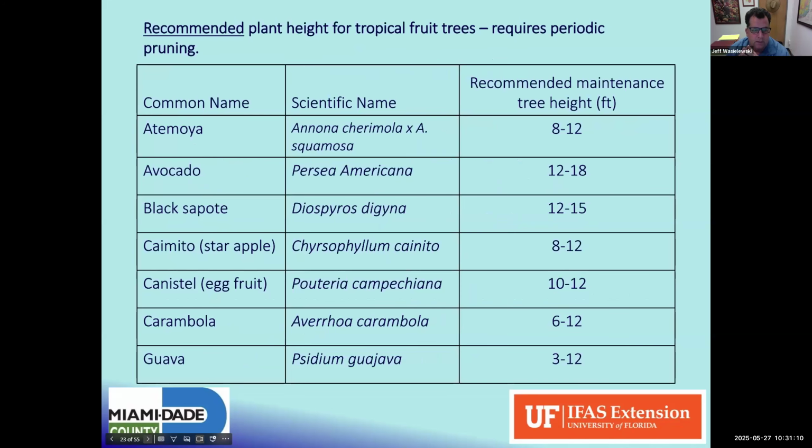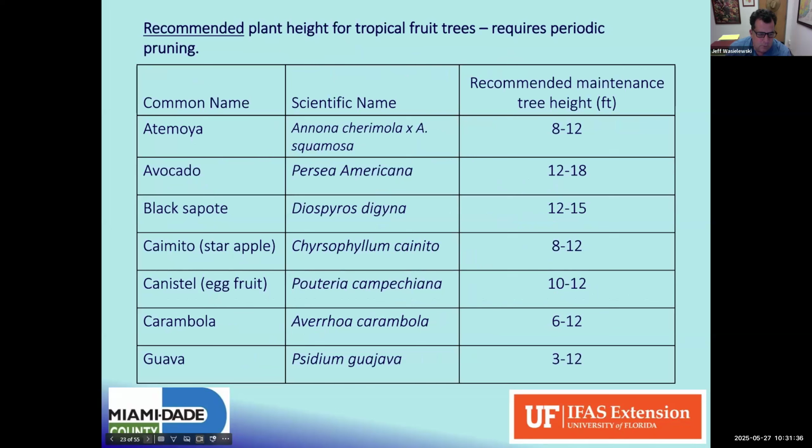So here we have recommended plant height. This is something Jonathan put together, and I do have a publication on pruning tropical and subtropical fruit trees, which has this chart in the back. So here's all the different sizes. You can see, we look at avocado, you want to keep that at 12 to 18 feet.